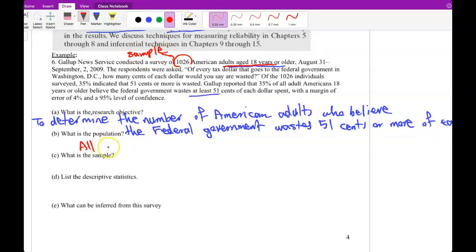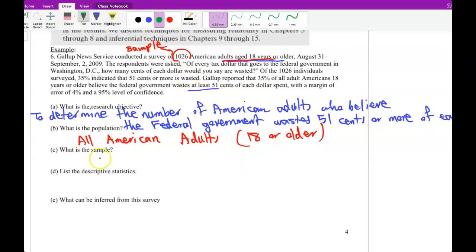And for the population, we have all American adults, and these are 18 or older. What is the sample? Sample is 1,026.